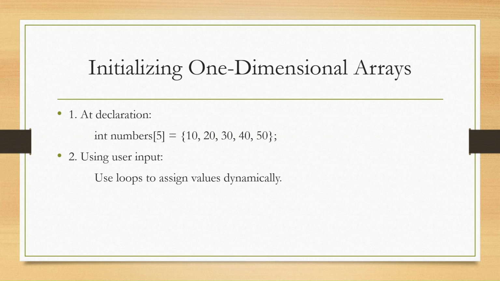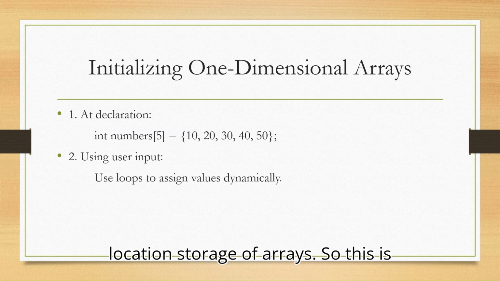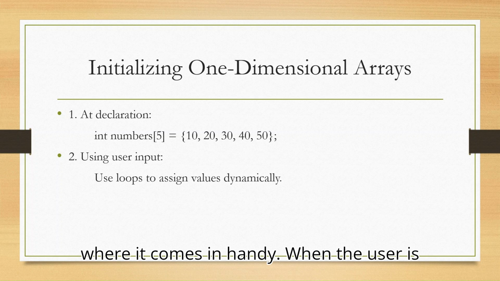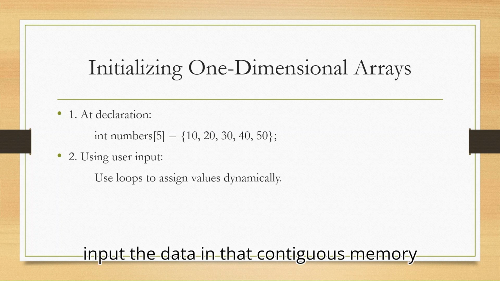Before, I had mentioned a few advantages of the contiguous memory location storage of arrays. This is where it comes in handy. When the user is inputting data, we can easily use loops so that the user can input the data in those contiguous memory locations.